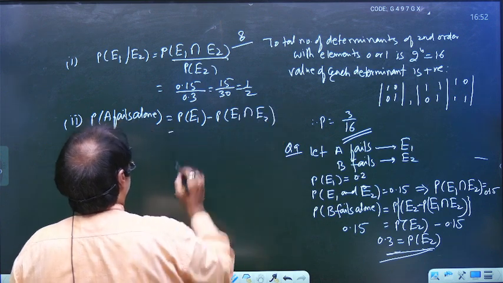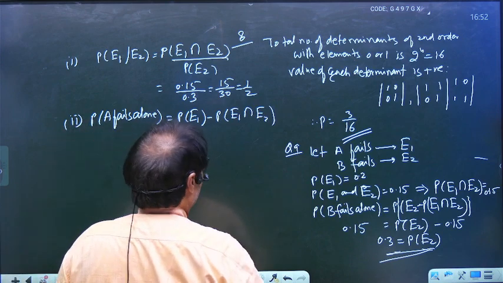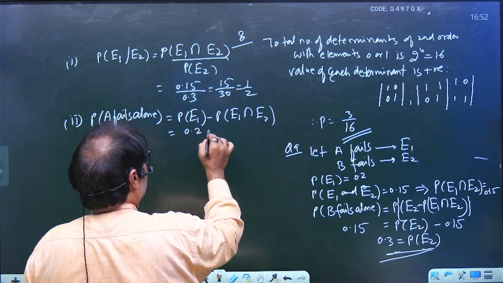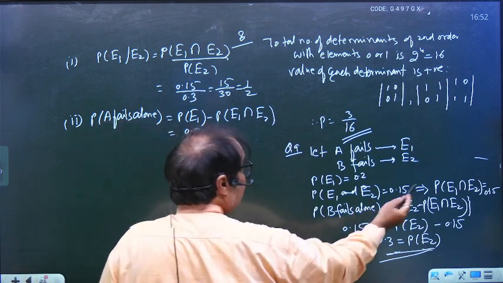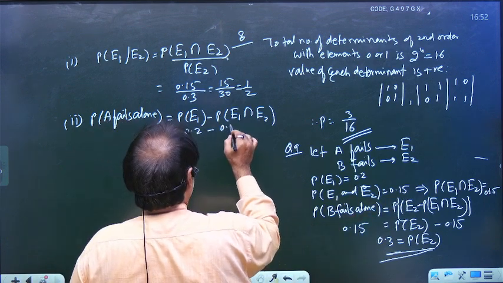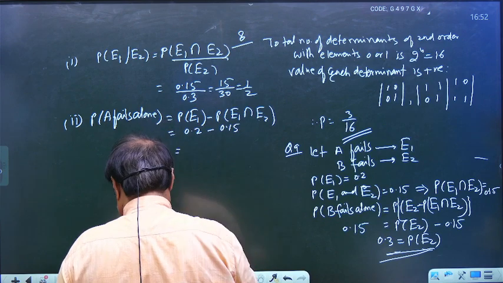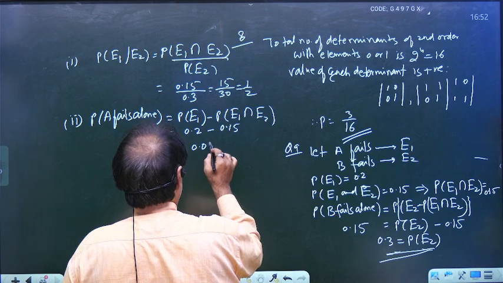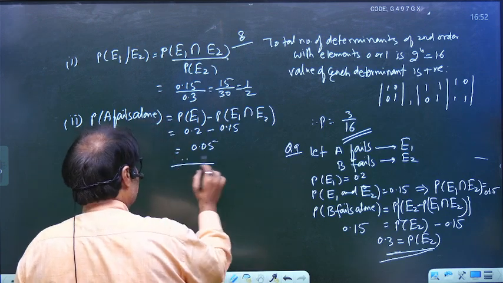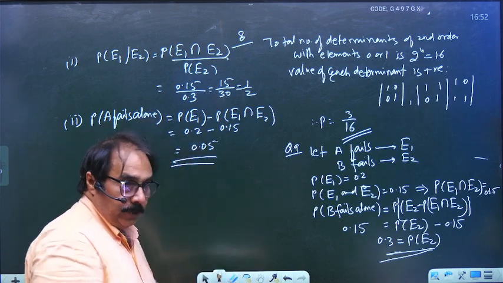So probability of E1 is 0.2 minus, and this intersection is given 0.15. So this will be equal to 0.05. So this is the solution of this question.